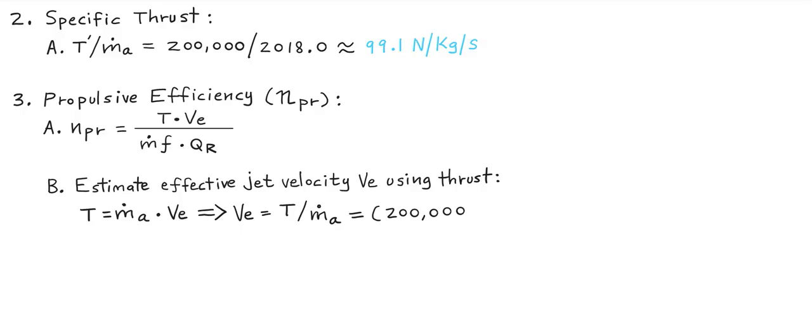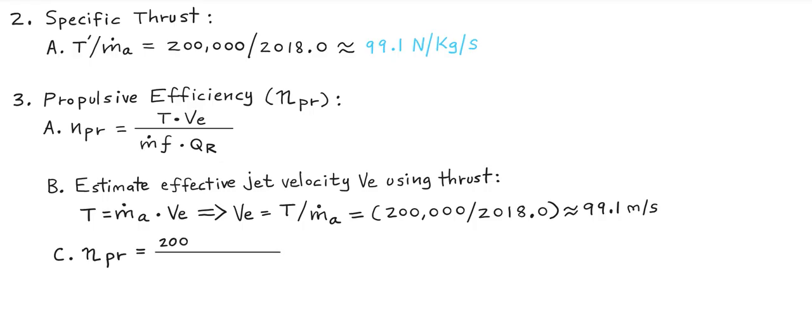So if you derive that expression as T is equal to m dot sub A times V sub E, you can yield V sub E is equal to T divided into m dot sub A. So that's just the 200,000 divided into 2018. So the V sub E value is approximately 99.1 meters per second.